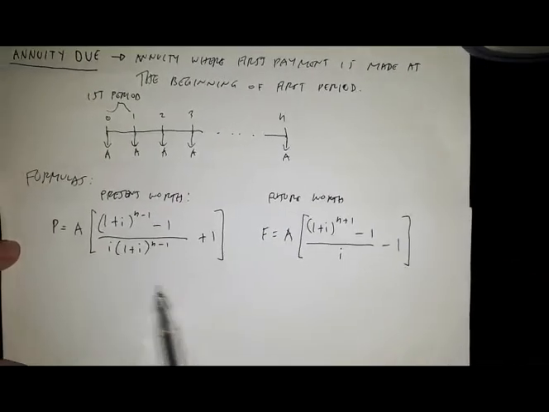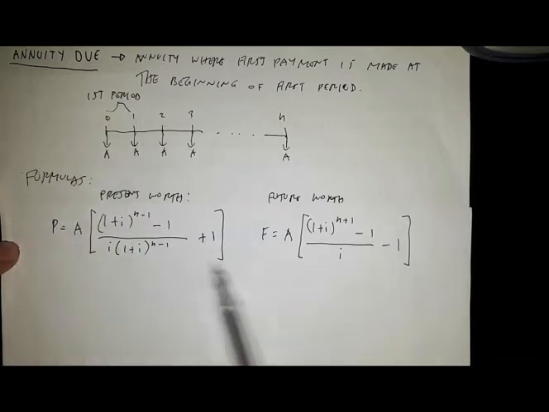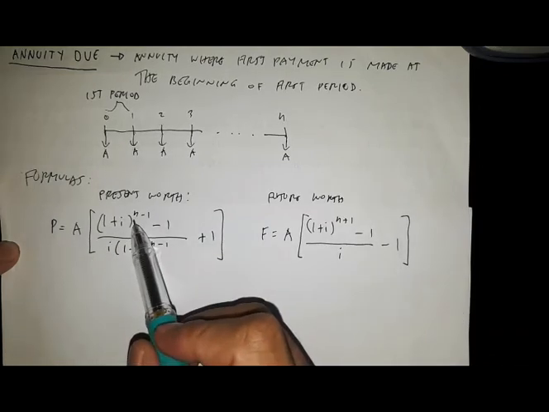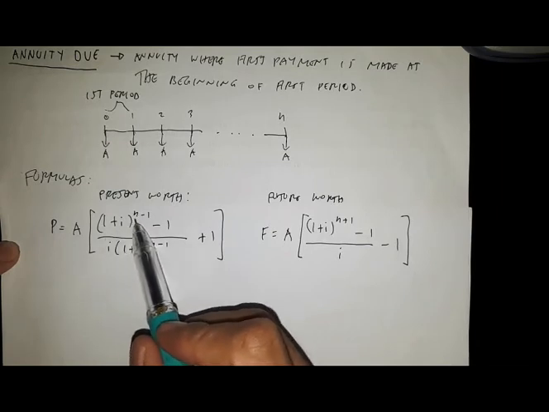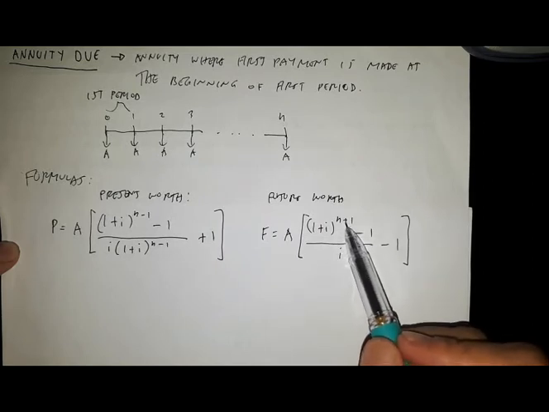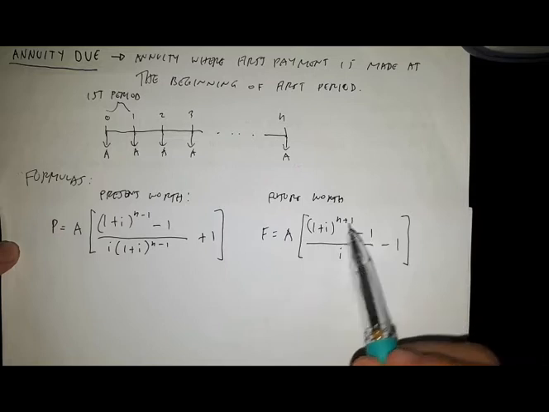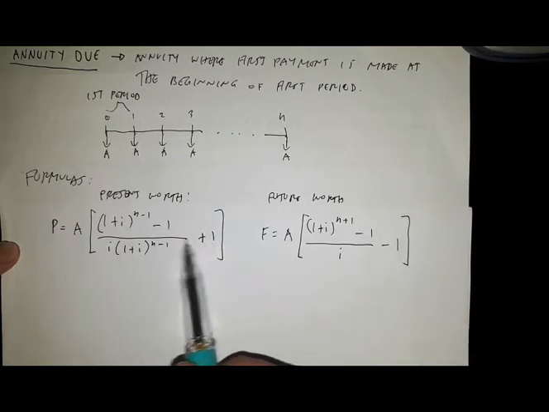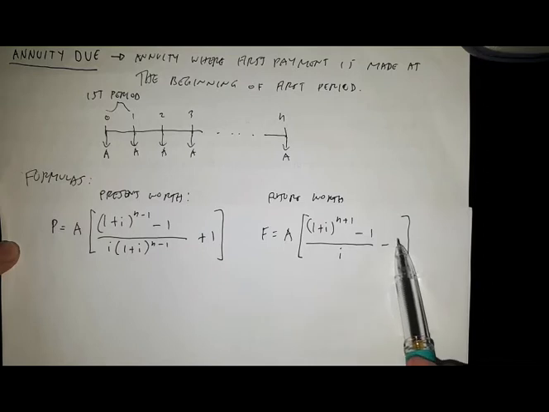In these formulas, we can see a pattern. Just like the ordinary annuity, for the future worth, your denominator is only I. If we compare the present worth and future worth formulas, for the numerator, the exponent of 1 plus I is n minus 1 for the present worth, while for the future worth, the exponent is n plus 1. Then you have to add 1 to the fraction for present worth, while for future worth, minus 1.